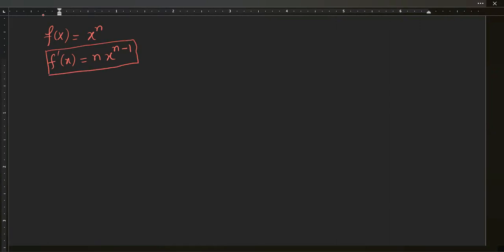So before we prove this, I will state a formula that is from basic algebra.